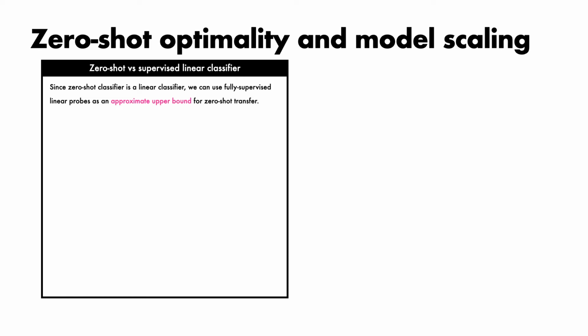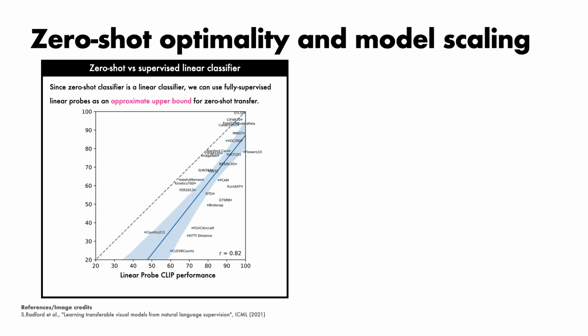The comparison is plotted here, with linear probe CLIP performance on the x-axis and zero-shot CLIP performance on the y-axis. The dashed sloped line in the middle indicates an optimal zero-shot classifier that matches fully supervised performance. In most cases, we observe that there is significant room for improvement in the zero-shot classifiers.